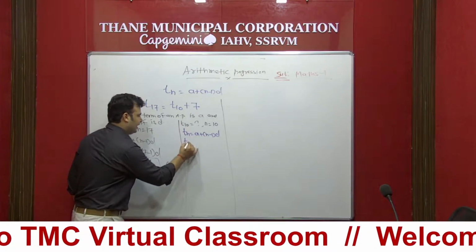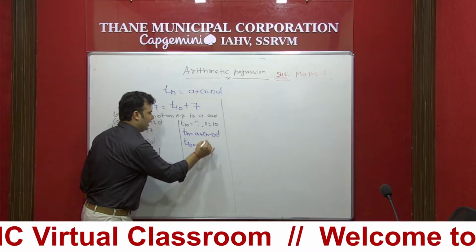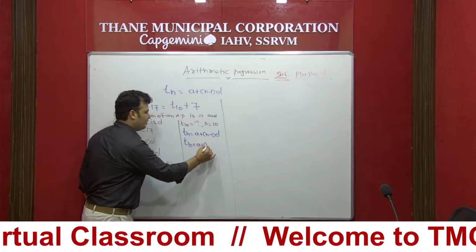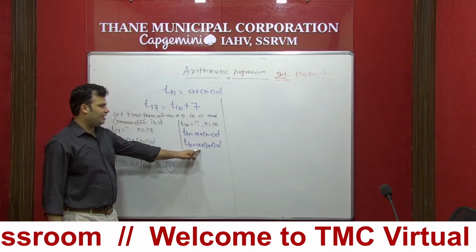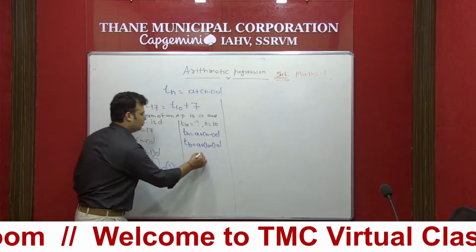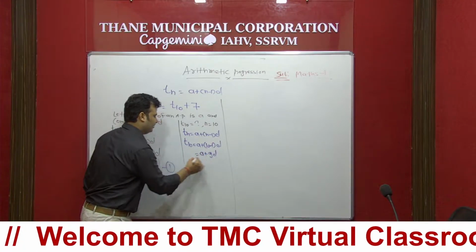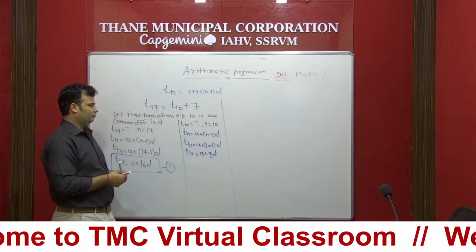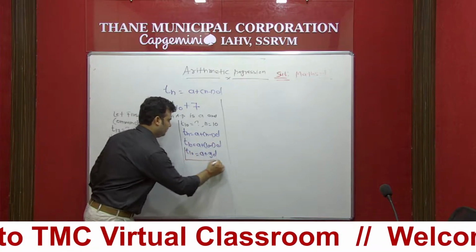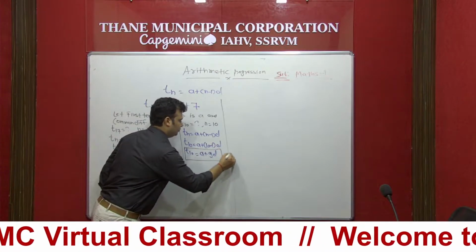So T10 equal to A plus n minus 1 D, n is given 10, so 10 minus 1 D. 10 minus 1 is 9. So A plus 9D, that is your T10. So this is equation number 2.